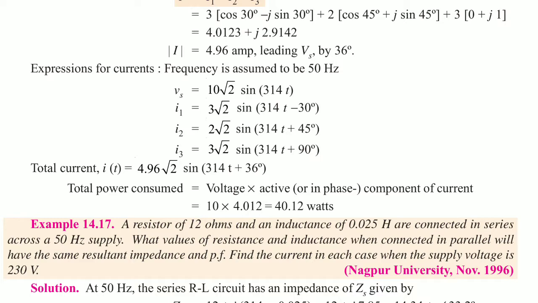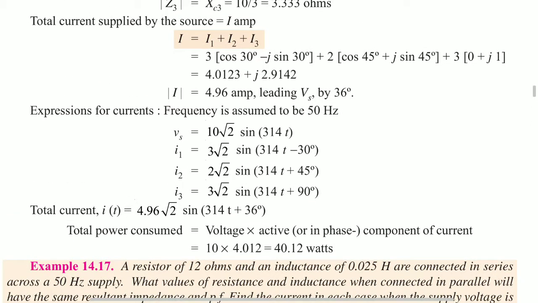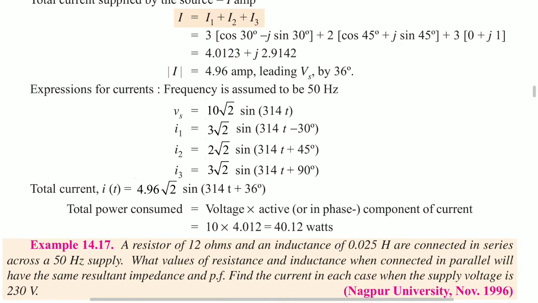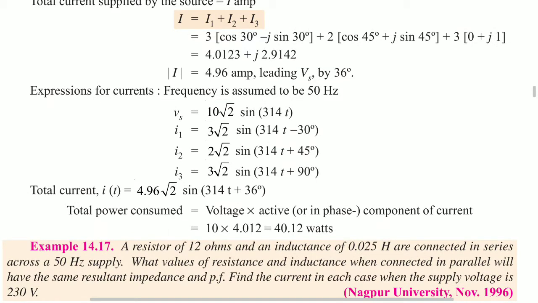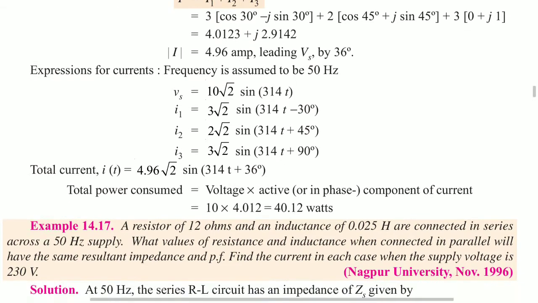Here all instantaneous values are written in terms of maximum values, but we have already determined the RMS value, so RMS times root 2 gives the maximum values. So here all are root 2 terms, that means these are the maximum values.